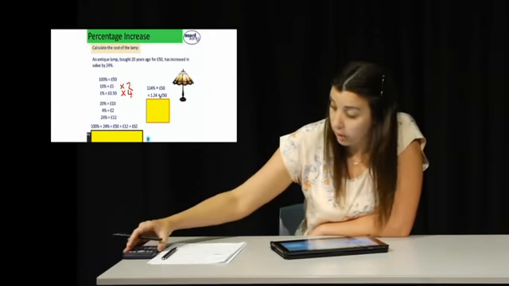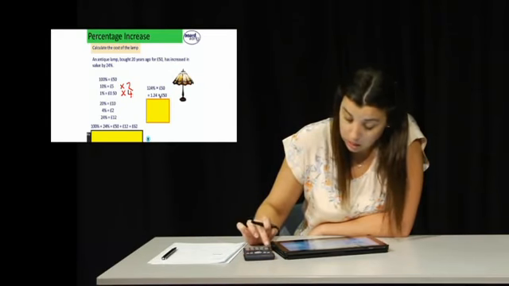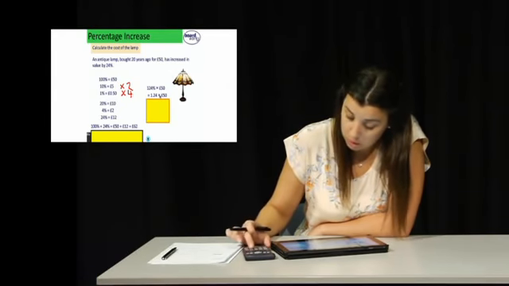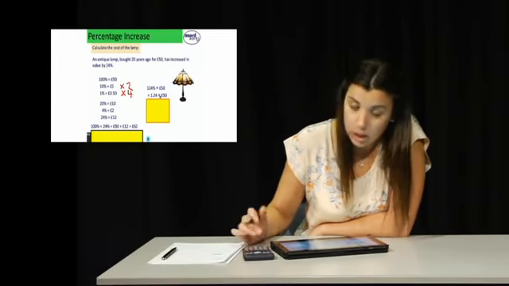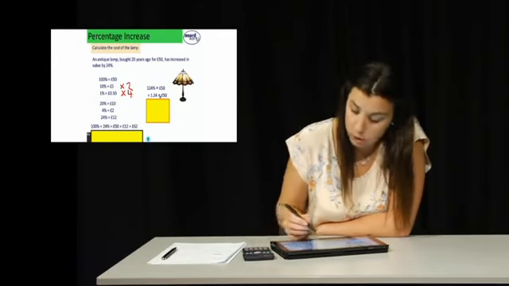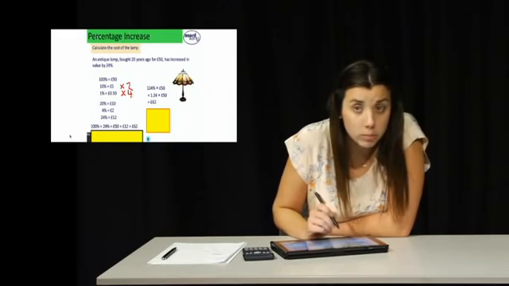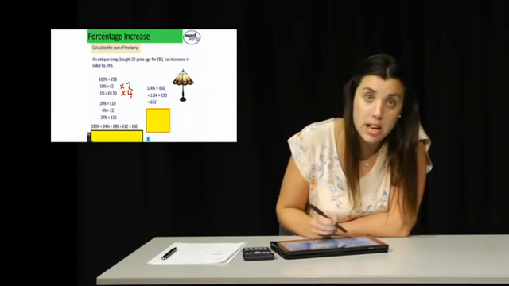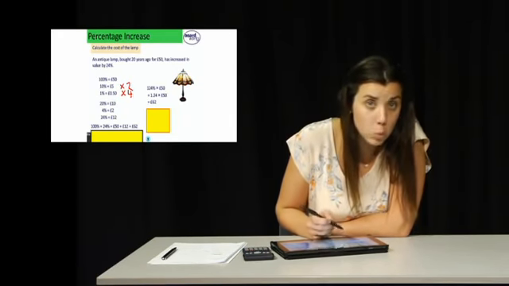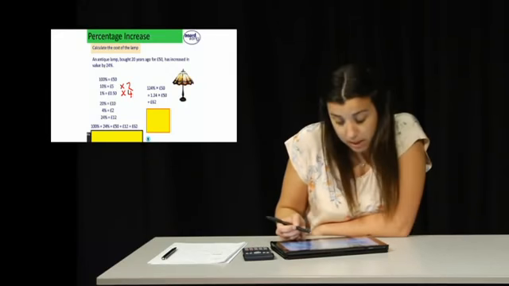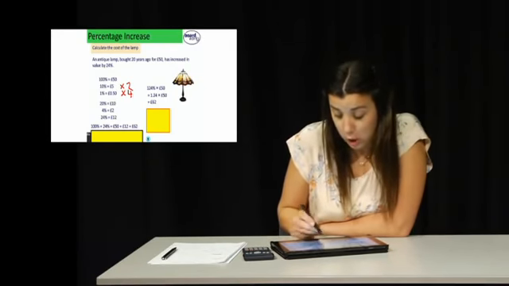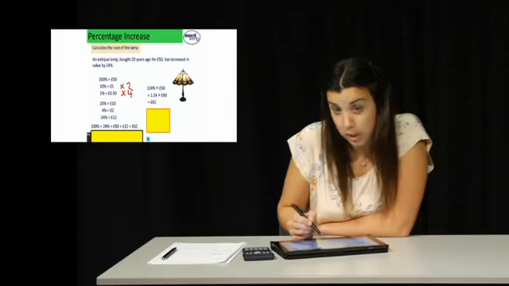So simply on your calculator, you would type in 1.24 multiplied by 50, and you should come out with the same answer of £62. So both methods work. If you know the one on the left, it's going to get you through the non-calculator paper as well as the calculator paper. The method on the right is a good method to know with these multipliers, which we'll be coming to later.